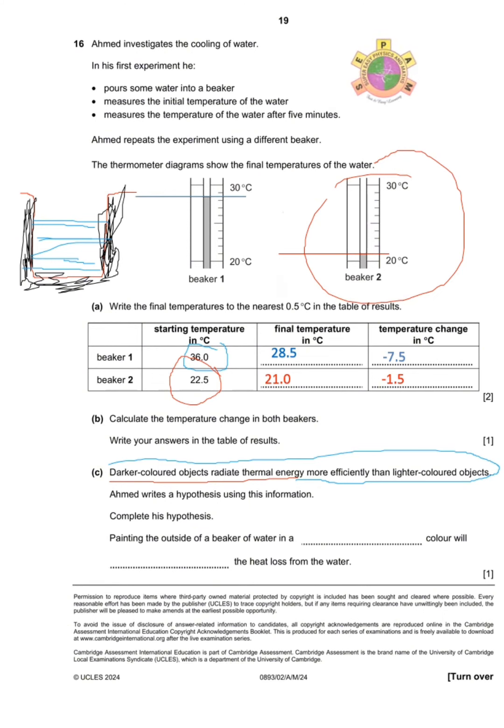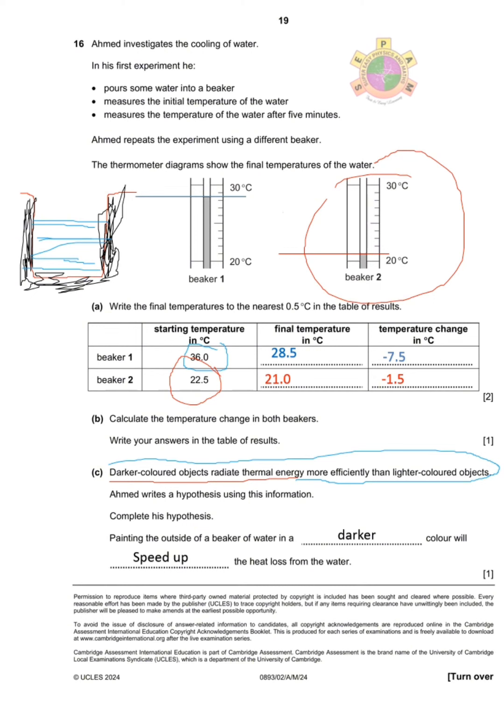Amel writes a hypothesis using this information. So painting the outside of the beaker of water with a darker color will speed up the heat loss from the water. Why will this happen? Because dark colored objects radiate more thermal energy.